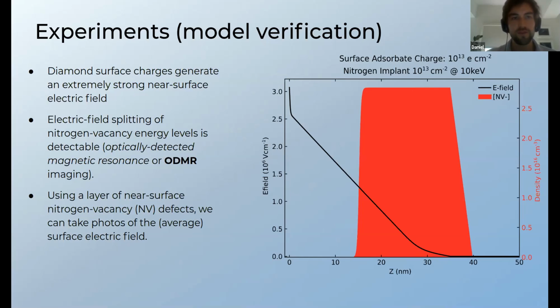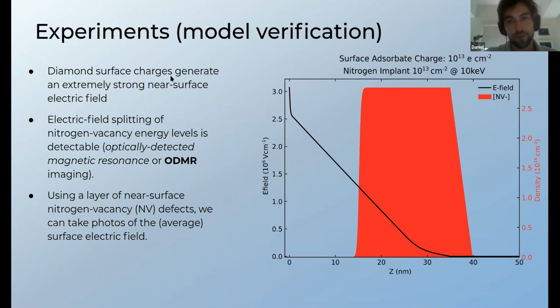It turns out that the electric field splitting of the nitrogen vacancy defect that I mentioned before is detectable optically using a technique called optically detected magnetic resonance, or ODMR. And so if you've got a dense layer of these nitrogen vacancy defects near the diamond surface, then this can actually allow you to basically take a photo or an image of the average electric field due to those charges built up on the diamond surface.